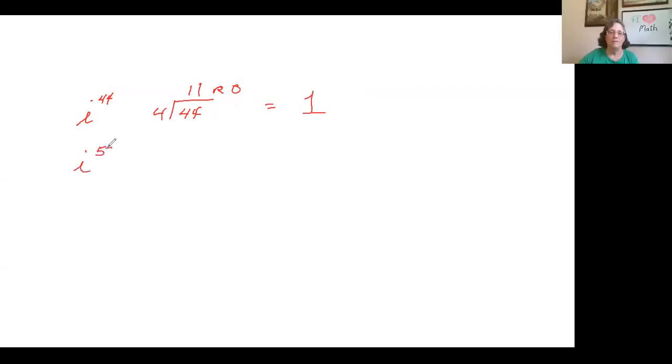If we had i to the 53, we would divide 4 into 53. 4 goes into 5 once. 4 goes into 13 3 times with a remainder of 1. So i to the 53 is equal to i to the 1st, which is equal to just positive i. I don't have to put plus.